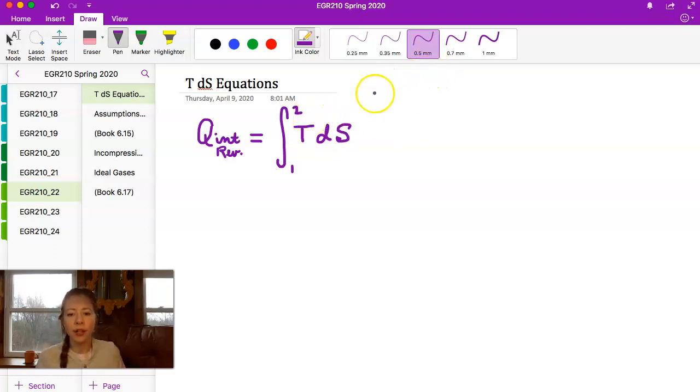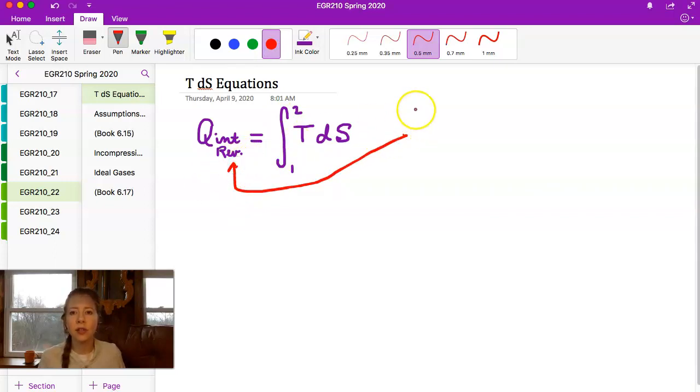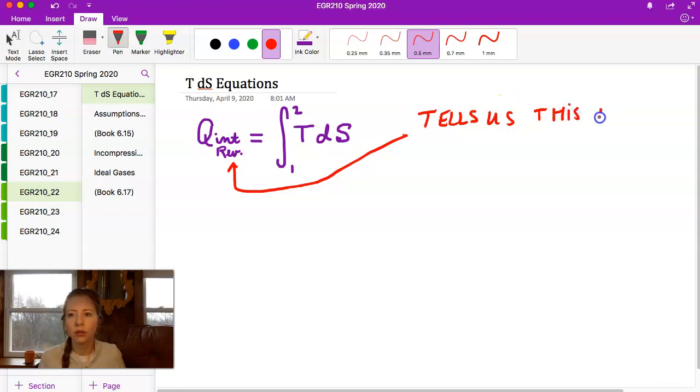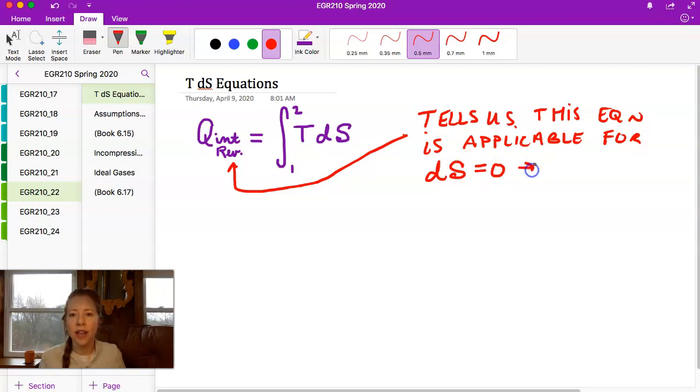And this piece right here, this internally reversible piece, so this tells us this equation is applicable for dS equal to 0, which tells us that heat transfer is then equal to 0.